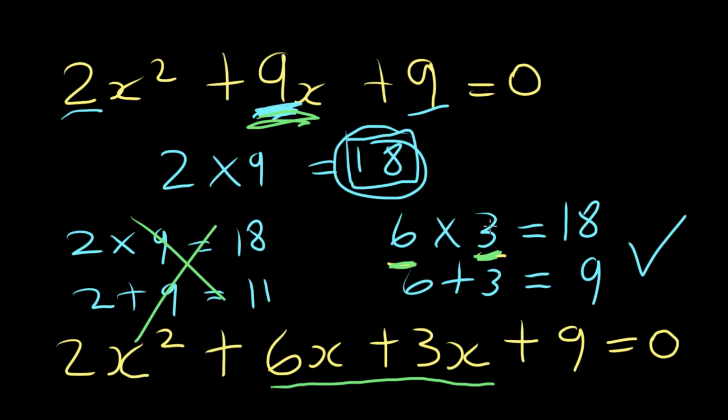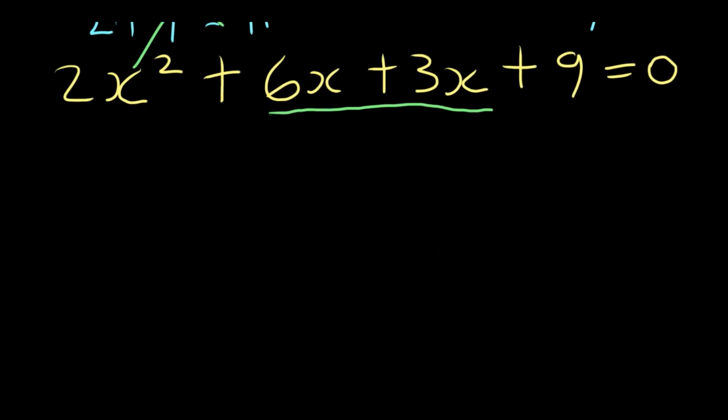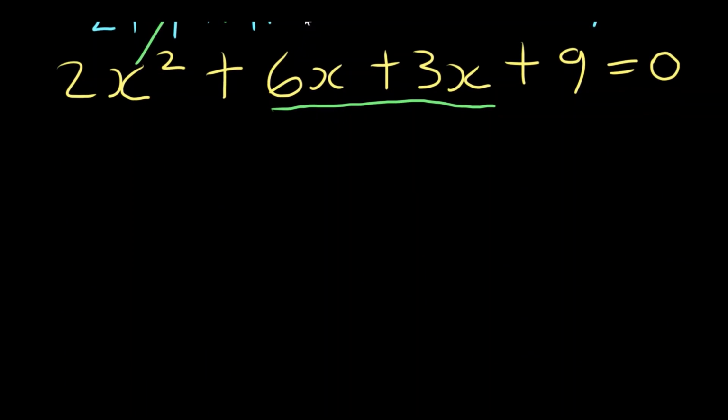Okay, so knowing that, what do we do? Okay, so we've got that. What we need to do now is take the first two terms and the second two terms and find a common factor.